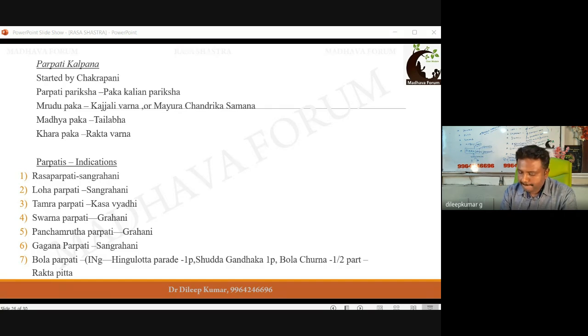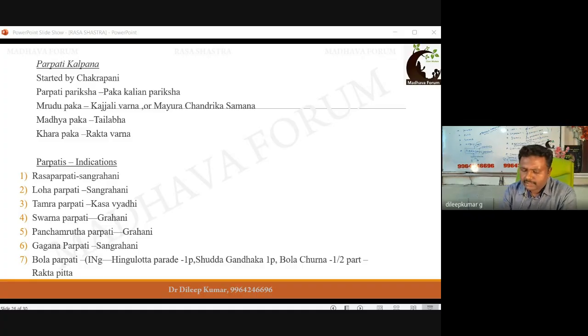Vijay Parpati. Ingredients: Raupya, Mukta, Swarna, Vaikranta. Vijay Parpati is such a strong drug.